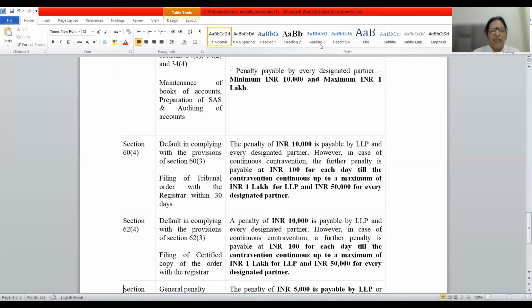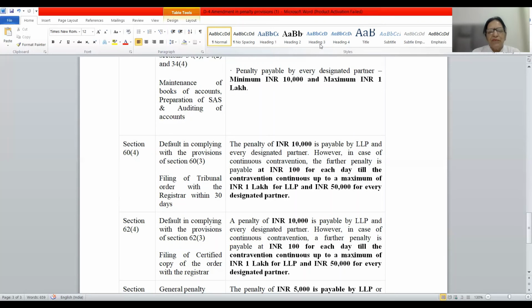Now the next point is the penalty which is contained under section 62 subsection 4. Default in complying with the provisions of section 62 subsection 3. Now this section 62 subsection 3 deals with the filing of certified copy of the order with the registrar. Now the certified copy of the order has to be filed with the registrar within the prescribed period.